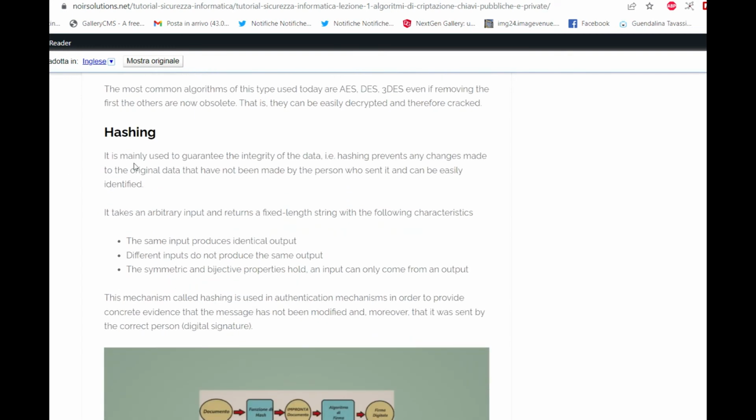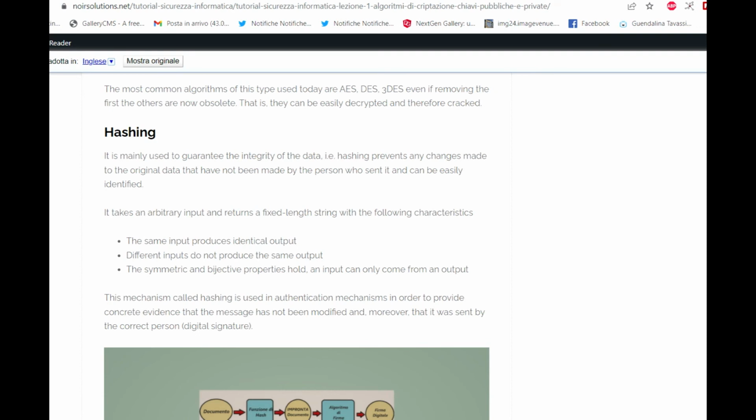Hashing. It is mainly used to guarantee the integrity of the data. Hashing ensures that any change made to the original data that was not made by the person who sent it can be easily identified. It takes an arbitrary input and returns a fixed-length string with the following characteristics. The same input produces identical output. Different inputs do not produce the same output.